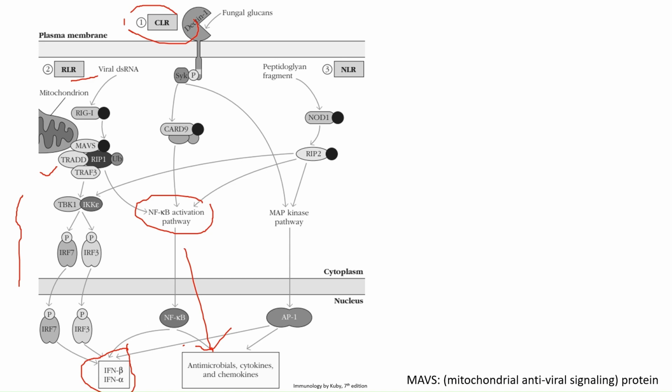In this video I'm only telling you that the signaling pathways responsible in response to RLR are the nuclear factor kappa B activation pathway and the TRAF pathway. So these are the two pathways.